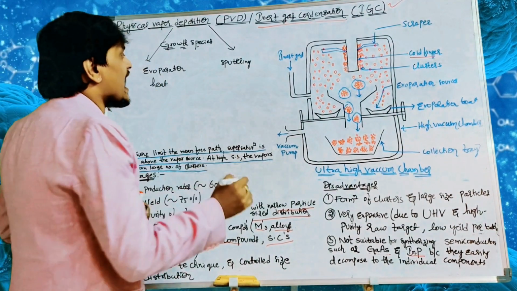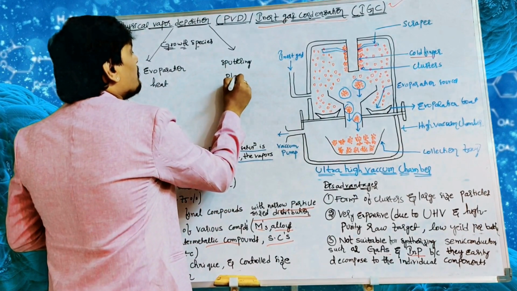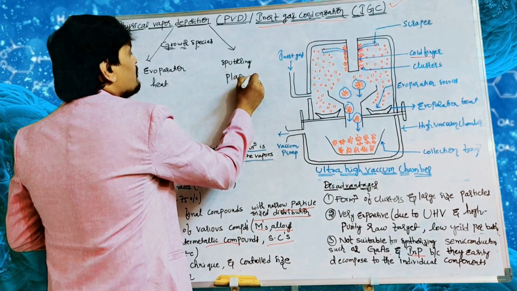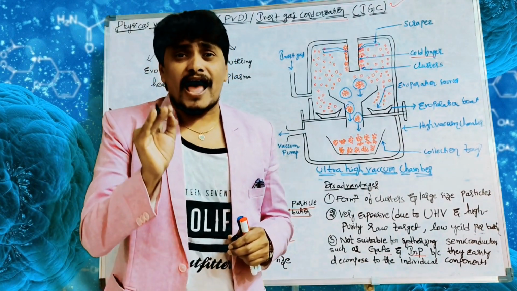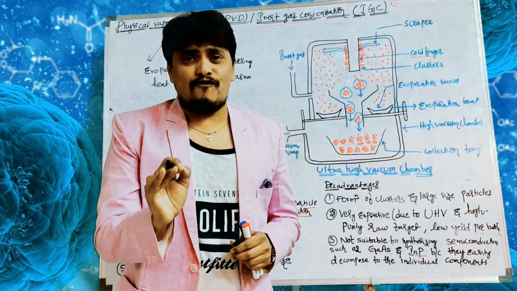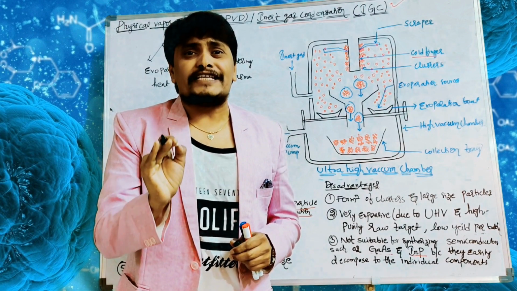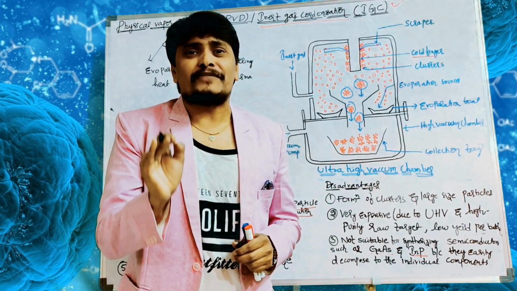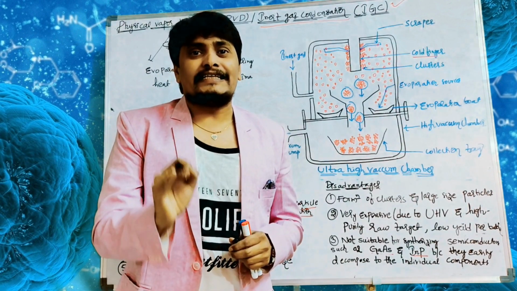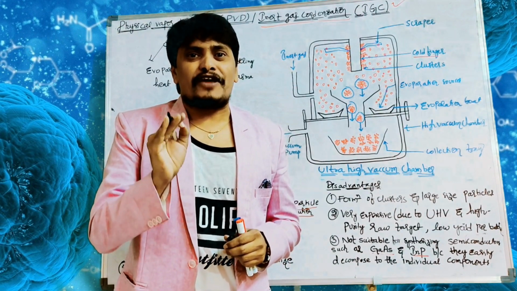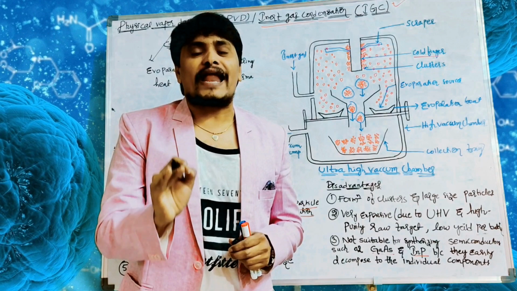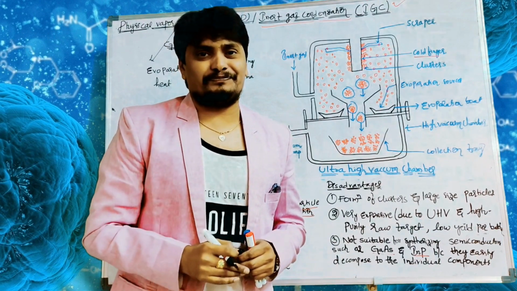On the other hand, if we use plasma as the source of removing or ejecting the growth species from the target, then that group of physical vapor deposition is called sputtering.